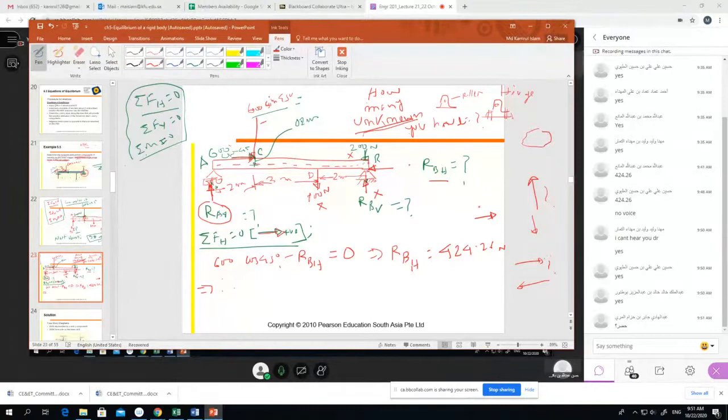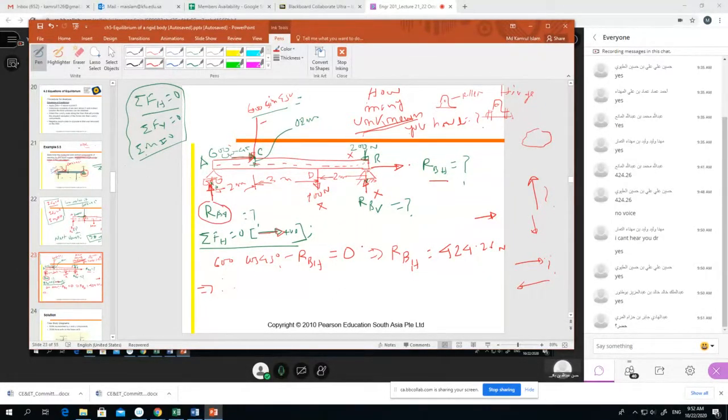Now, you have freedom with the unknown force. If you want, you can select the unknown force to be on the right side, rightward. Then at the end the result will be the same. How? I show you.